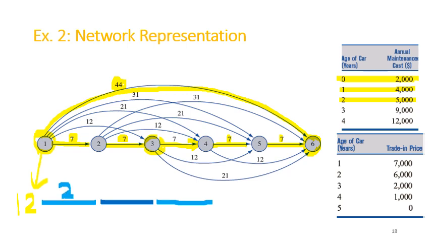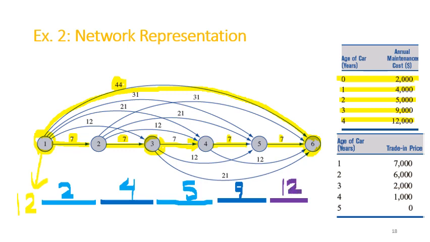This is 2, this is 4, this is 5. And then I keep using this car, so I need to pay 9,000 here for the maintenance. And then for the final year that I'm using my car, I need to pay 12,000.